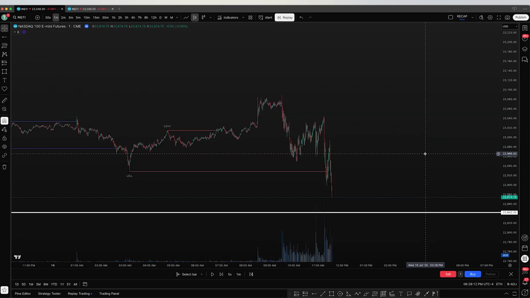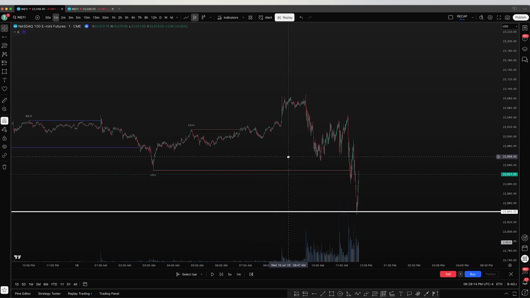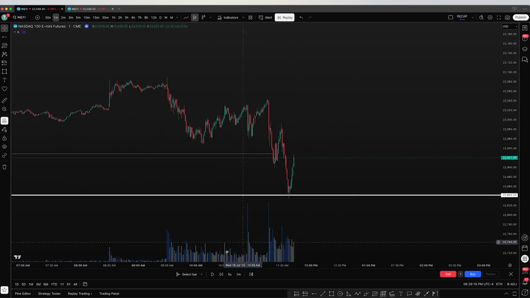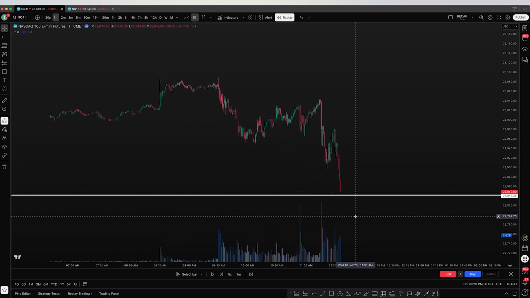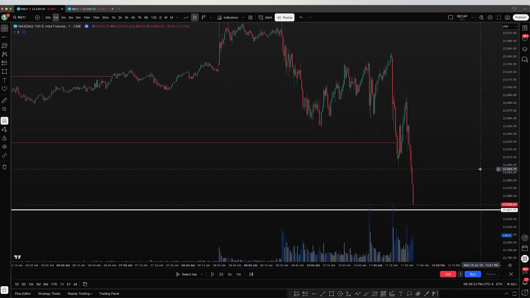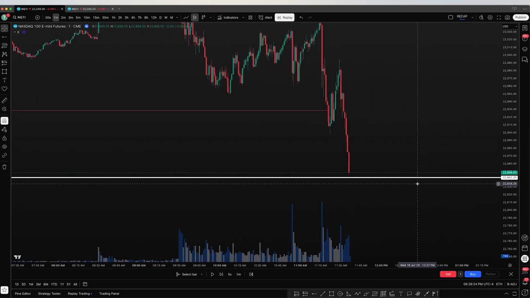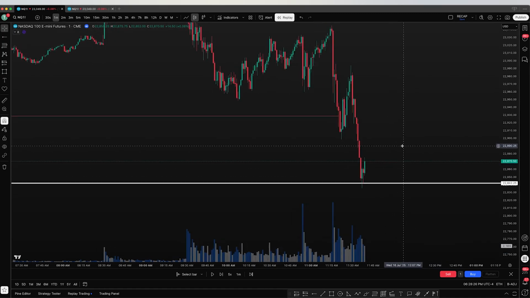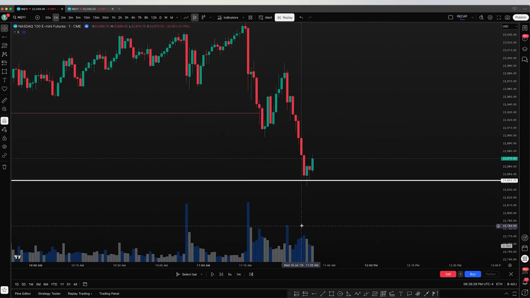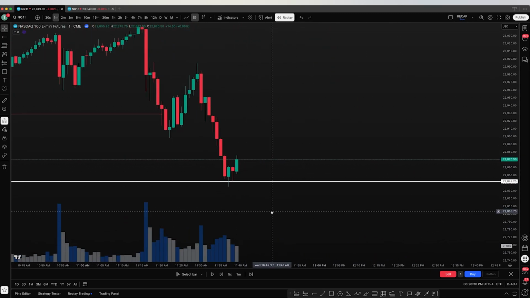Okay, so the market is collapsing down. Originally was, well, let me just show you the setup. So first of all, market comes down to hit this low. So this is my support level, which I had on my chart at the beginning of the day. And now I can see that this is coming down with some momentum here.